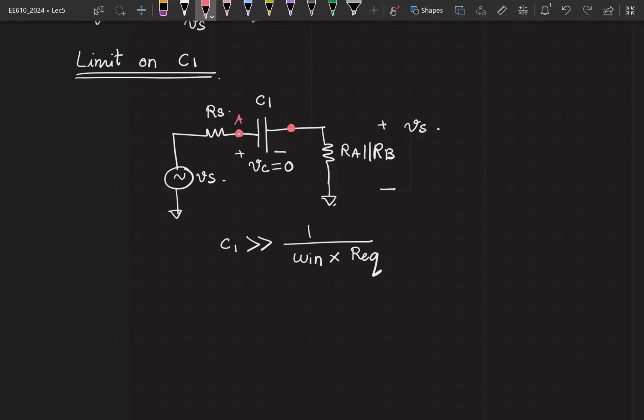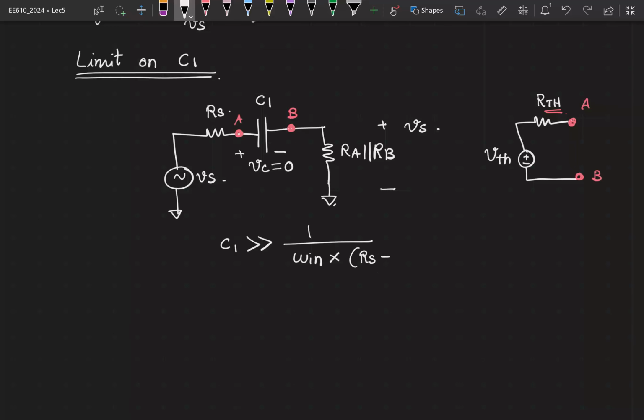So if I call these nodes A and B, the circuit that you are looking at right now is completely linear. I can apply Thevenin equivalent. If I do that, you will have a Thevenin voltage with some Thevenin resistance across the terminals A and B. And this value of Thevenin resistance is the total resistance that is coming along with the C1. And what is that value here?